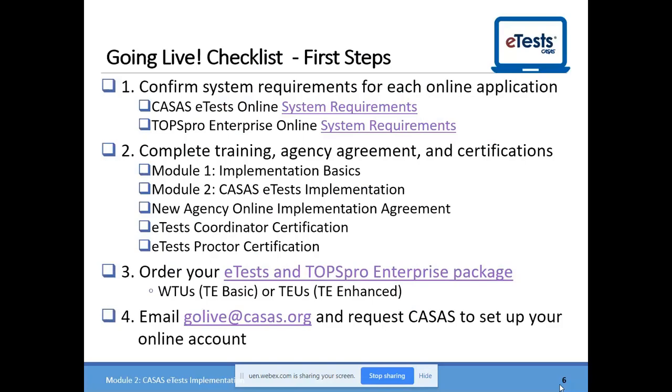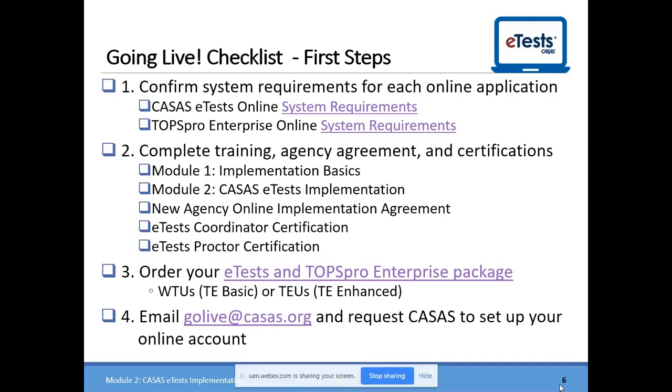Those may not be in Module 1 and 2 the way they look right here on the screen, may not be available quite yet. CASAS has just started a new module system. So if you've taken the basic implementation training, then you're in good shape.